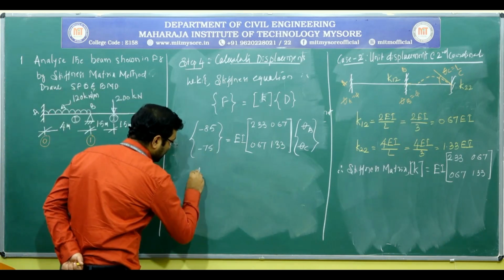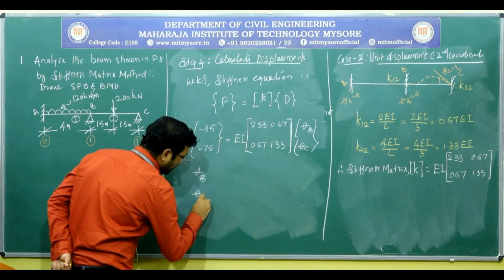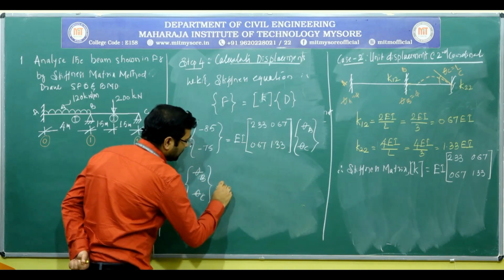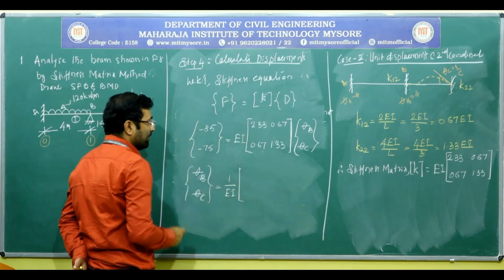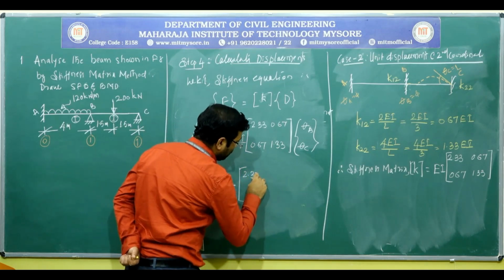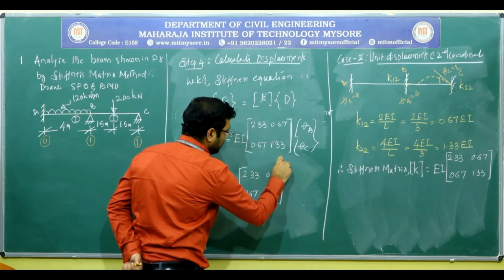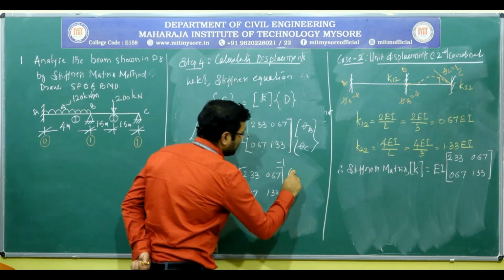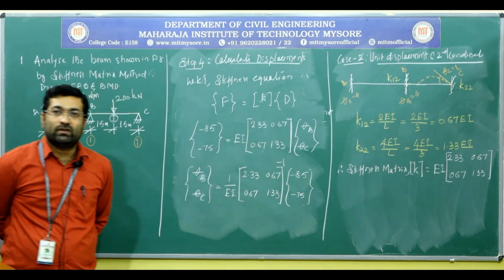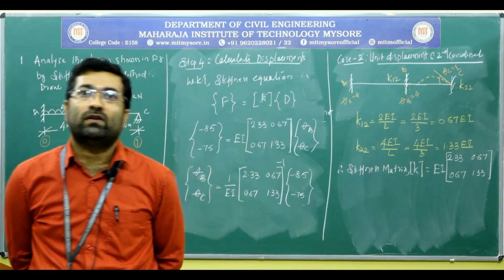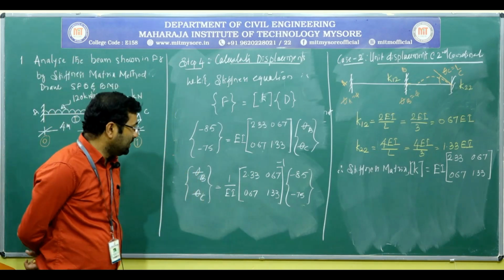To determine theta B and theta C, I can use either matrix operations, or you can use your calculators. I will take this K matrix to the other side, so it becomes the inverse of 2.33, 0.67, 0.67, 1.33 into minus 85, minus 75. You can use matrix operations or your calculators to determine the displacements, that is theta B and theta C values.